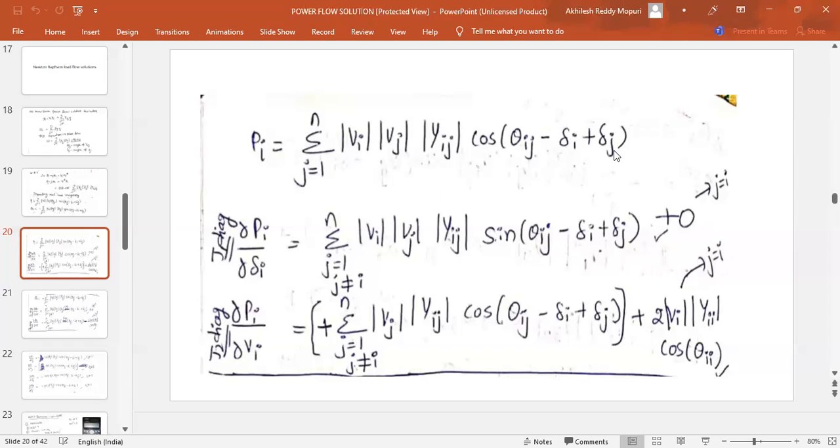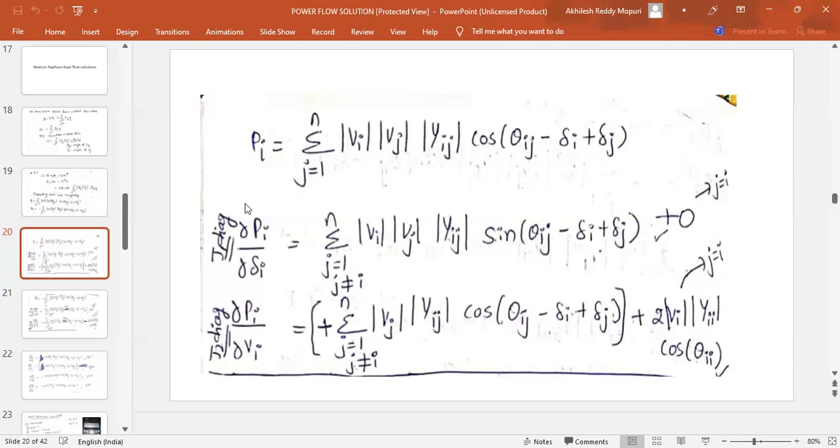When Pi is differentiated with respect to del 2, we will get del 2 only when j is equal to 2. When j is equal to 1 and j is equal to 3, del 2 won't be present, so they will be 0. Only the j equal to 2 case will come.